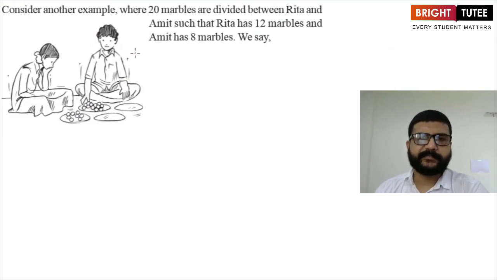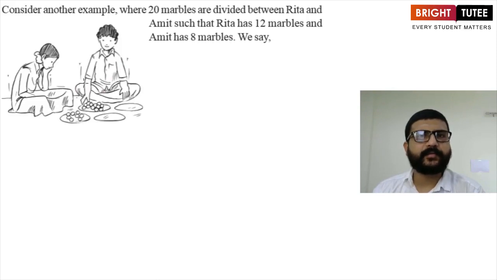Now let's discuss one more example. The example here is: 20 marbles are divided between Rita and Amit such that Rita has 12 marbles and Amit has 8 marbles. So now we are comparing the number of marbles.